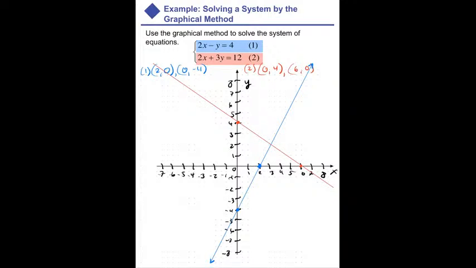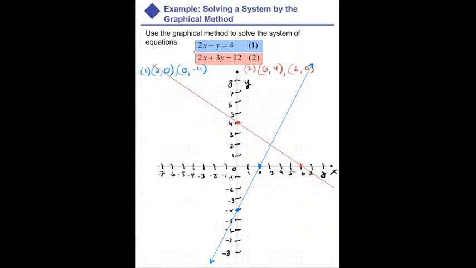Okay, I think that's it. Sorry, I'm just being a little meticulous. That looks okay. That's close enough. I'm just kind of eyeballing.